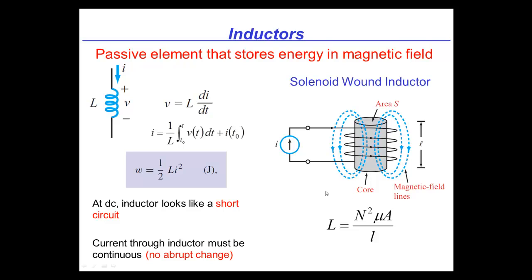And that makes sense because if you look at the equation that describes the inductance of a particular coiled inductor, the inductance goes as the square of the number of turns, because N is the number of turns. Mu is related to the material properties of the system. L and A are geometry parameters.